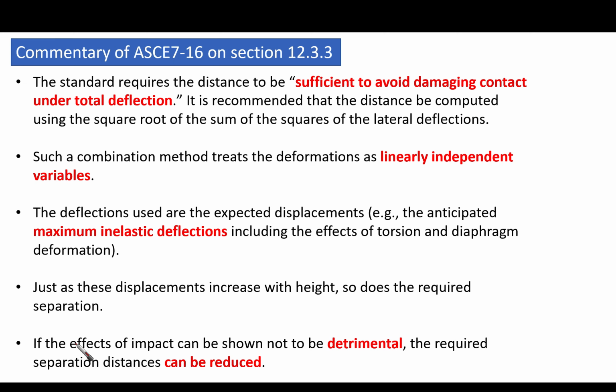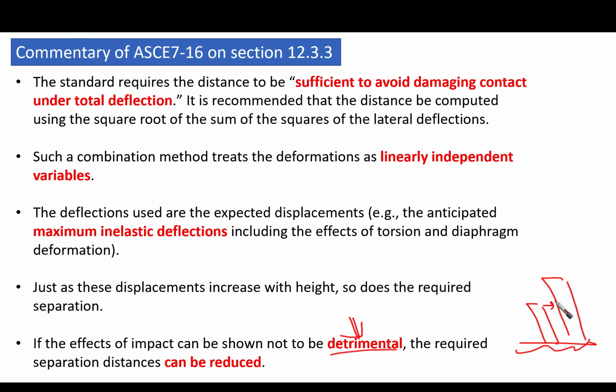The last point in the comments: if the effects of impact can be shown not to be detrimental, it means that it will not control, because as we said, there could be a kind of impact between the two.